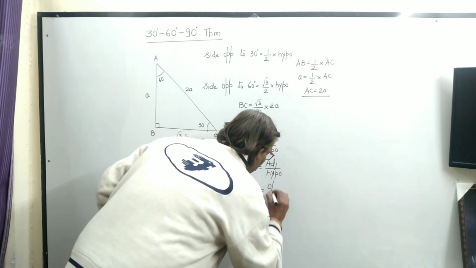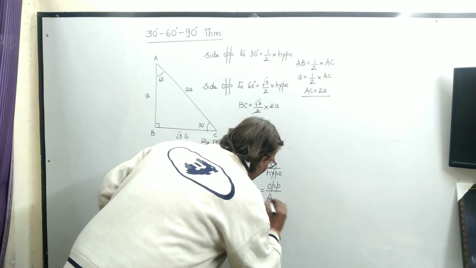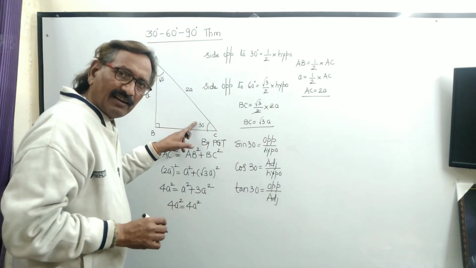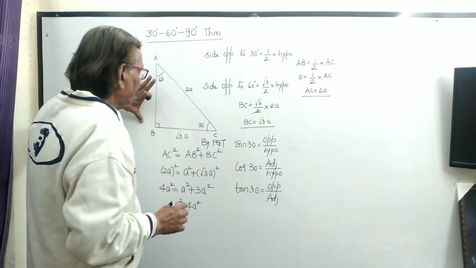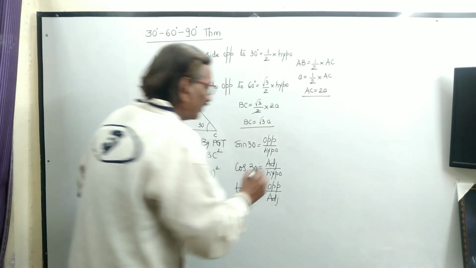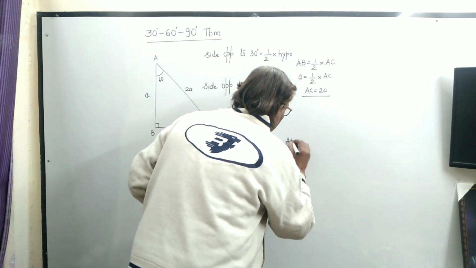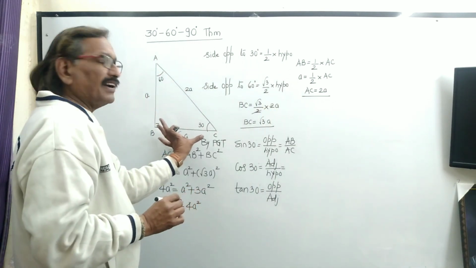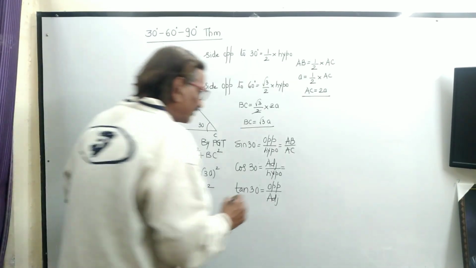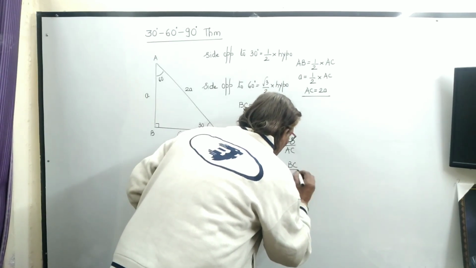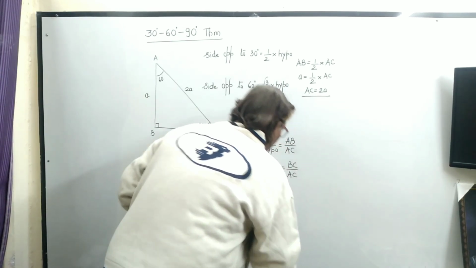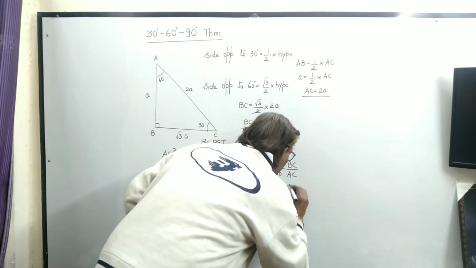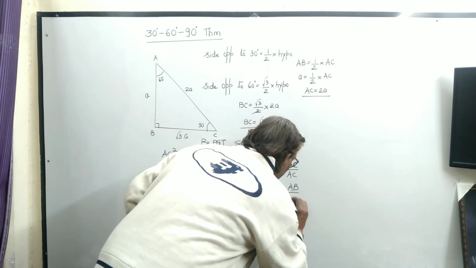Tan 30 is opposite upon adjacent. Now if I consider this as 30 angle, the opposite side is AB and the hypotenuse AC, it becomes AB upon AC. The adjacent side is BC and the hypotenuse is AC, so BC upon AC. The opposite side is AB and the adjacent side is BC, it becomes AB upon BC.